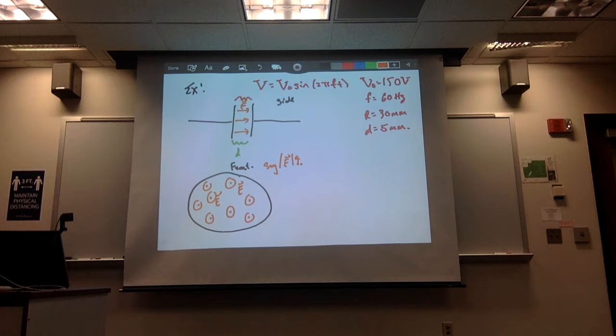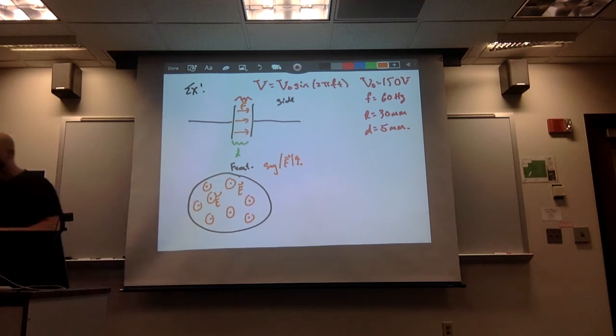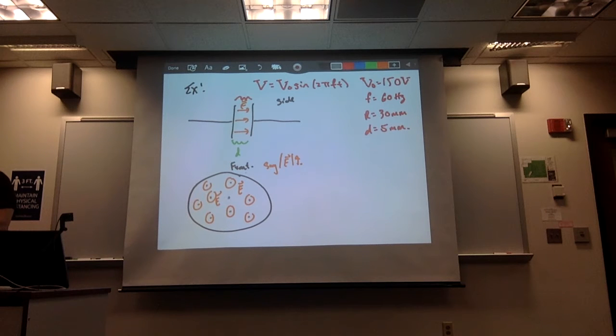So again, this is opposite of Faraday's law. We want to enhance the change, which means our induced electric field must point in the same exact direction as the exterior electric field, since again, we want to enhance the change. So my induced electric field is going to be this way.